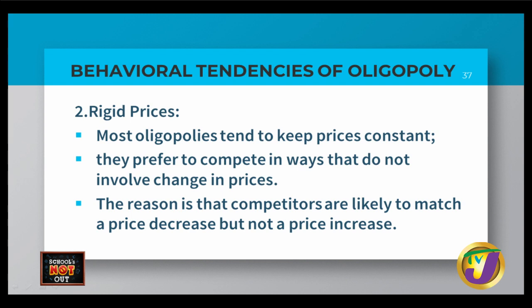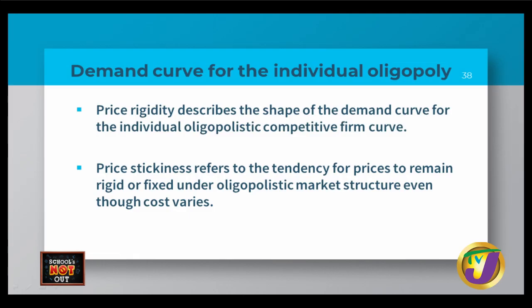They prefer to compete in ways that do not involve changes in prices. The reason is that competitors are likely to match a price decrease and not a price increase. We're going to see that this behavior leads to the type of demand curve for an individual oligopoly.